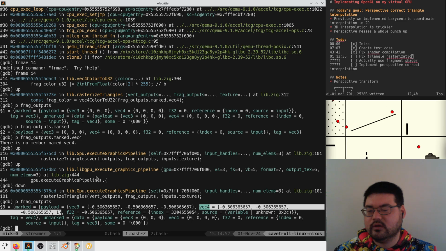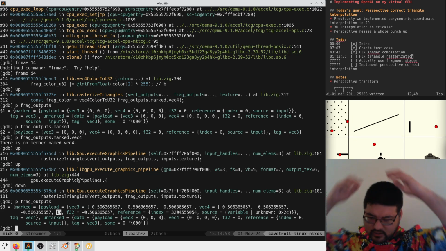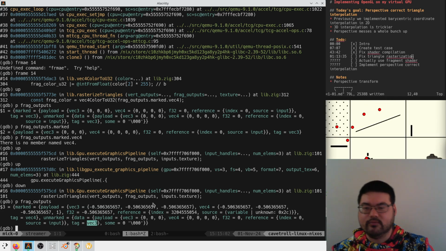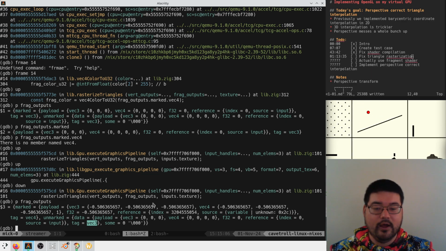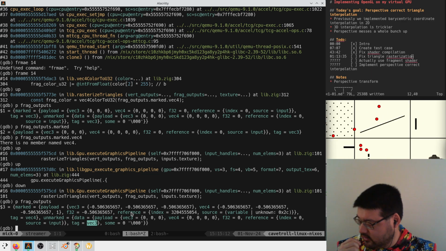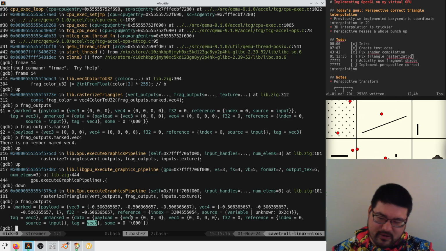And then it's supposed to have alpha of 1.0. So this does seem a little reasonable to me. The fact that this tag is vec3 could be some form of stack corruption. It could be that there's a problem with when we assert. Sometimes things on the stack get a little messed up in my experience.